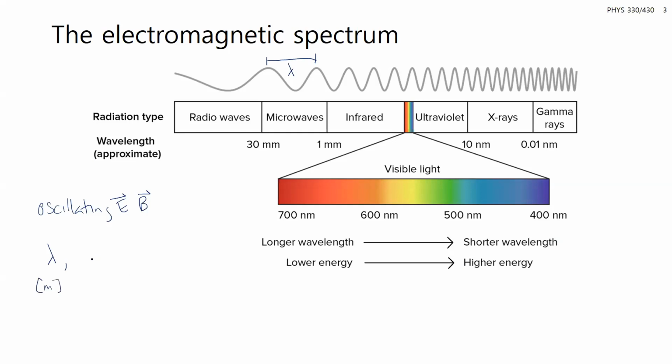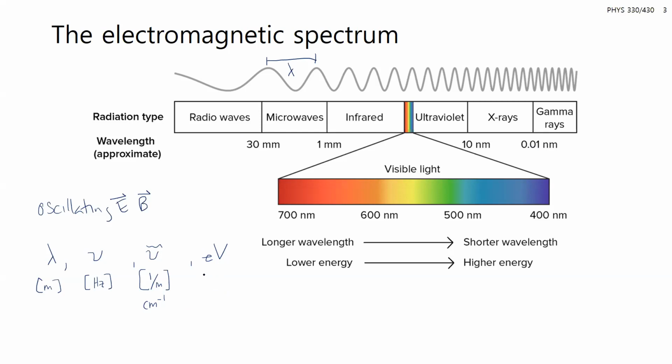You can also characterize the energy of different regions of the electromagnetic spectrum based on frequency, which has units of hertz. Also, you can use wave numbers, which is 1 over the wavelength. Typically, this is used in IR spectroscopy and reported as inverse centimeters. And then also reporting it as electron volts.